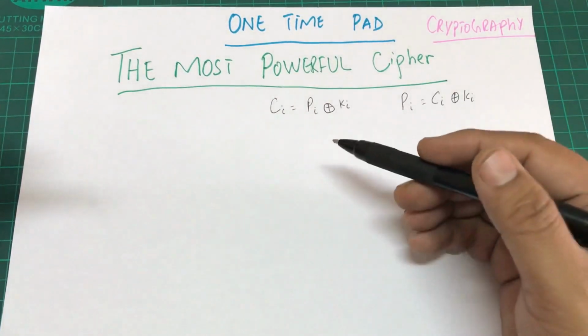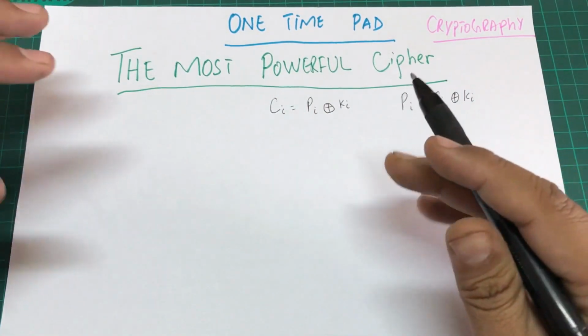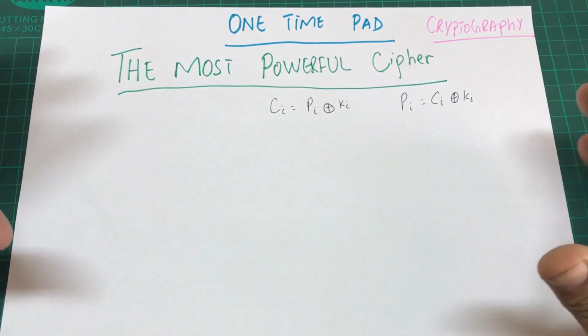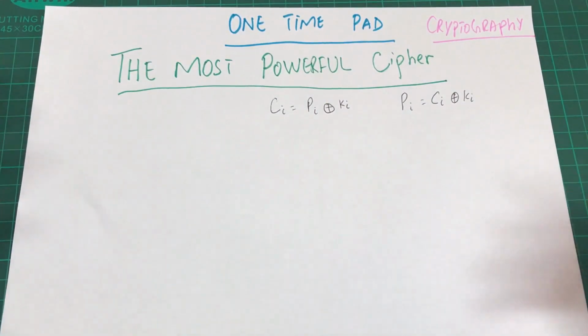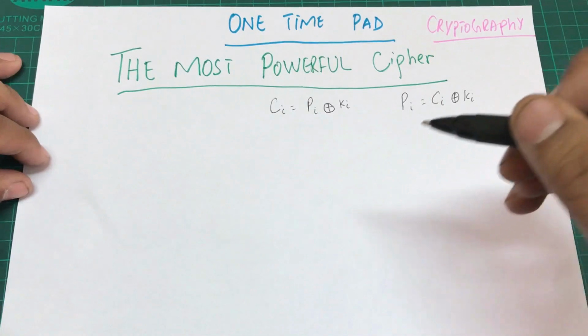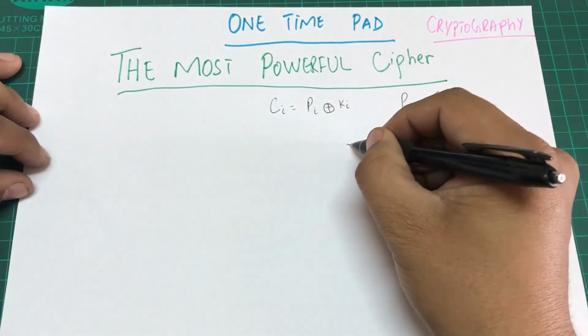Okay, so to use an XOR operator, we're going to look at things in terms of bits now. Let's say I have a key. Why are we calling it one time pad?